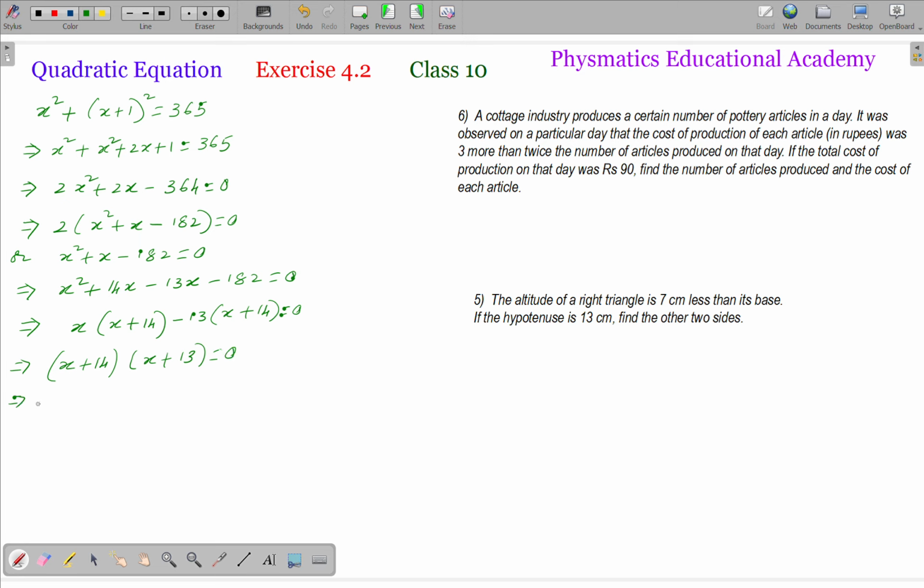That implies either x is equal to minus 14 or 13, but x cannot be negative.